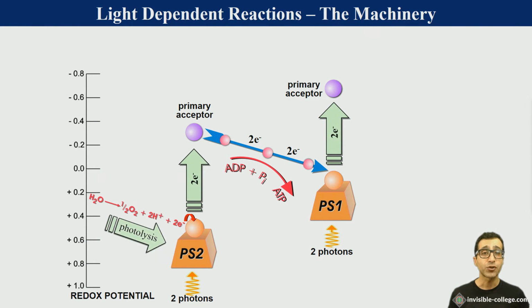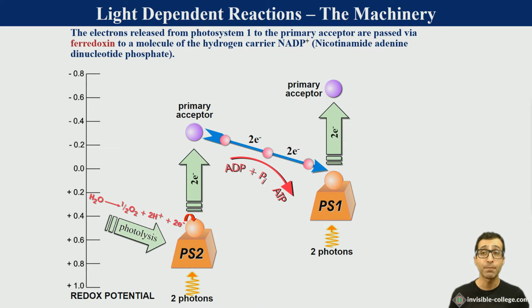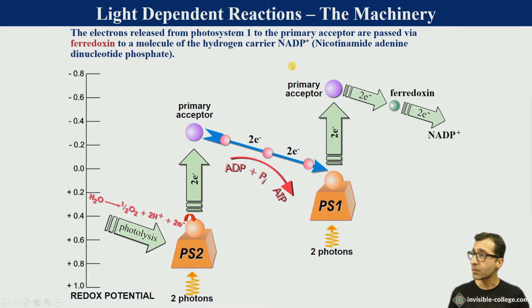So, the electrons released from photosystem 1 to the primary acceptor molecules are then passed to the ferredoxin molecule. Now, this happens ultimately so that the ferredoxin molecule can go on to pass those two electrons down to the molecule NADP+, which is a hydrogen carrier.